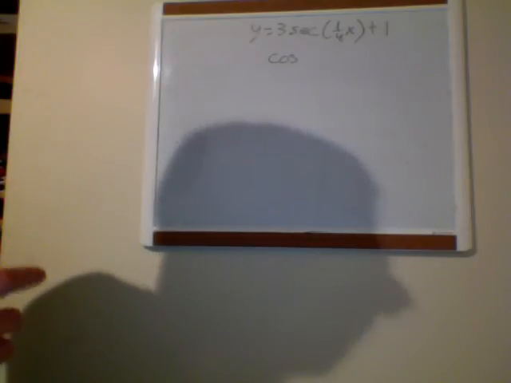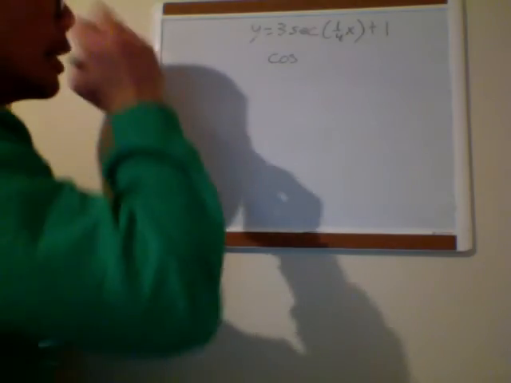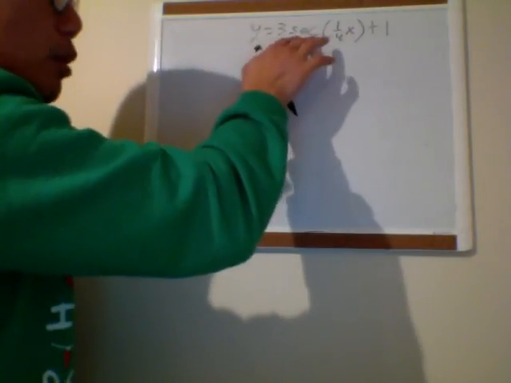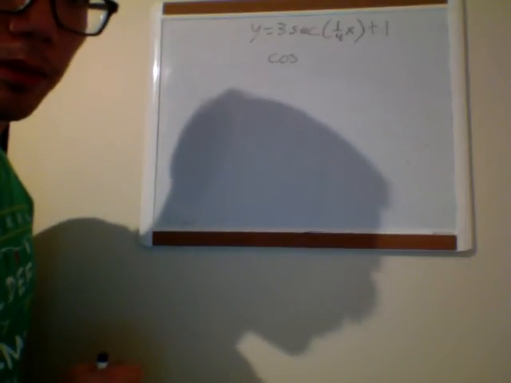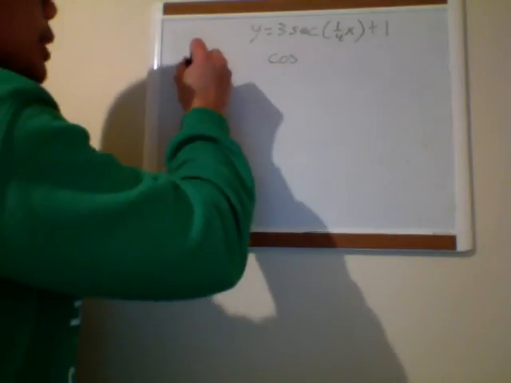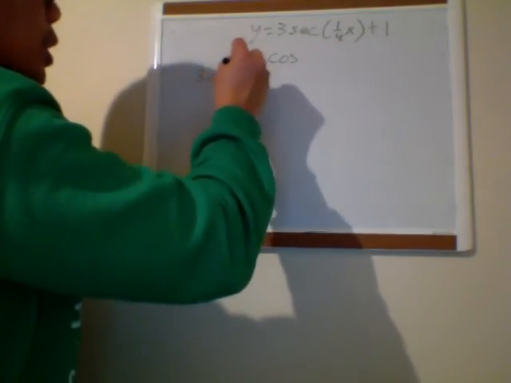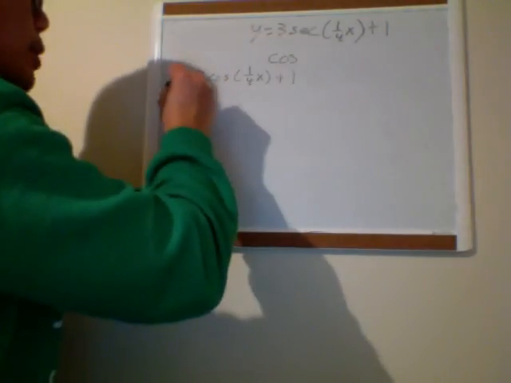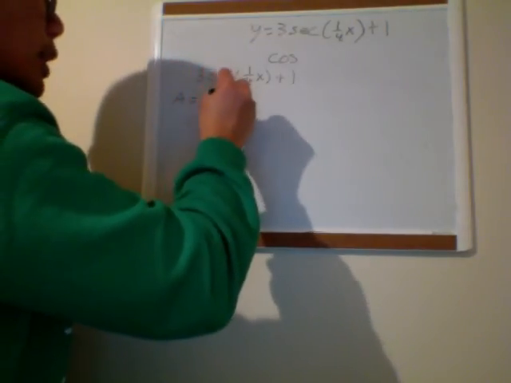Okay? So what I'm really going to do is find my amplitude and period of this, just like I'm going to pretend this is cosine. So I'm going to pretend I'm graphing 3 cosine 1/4 x plus 1. My amplitude is 3.